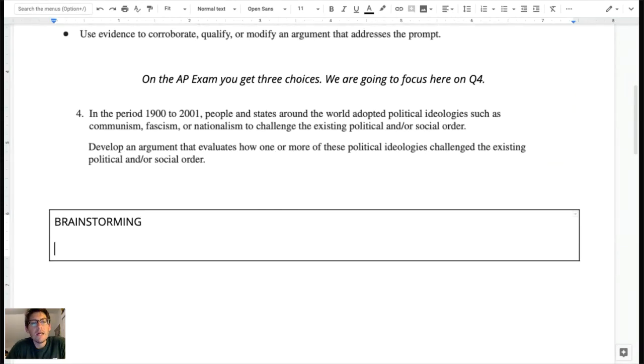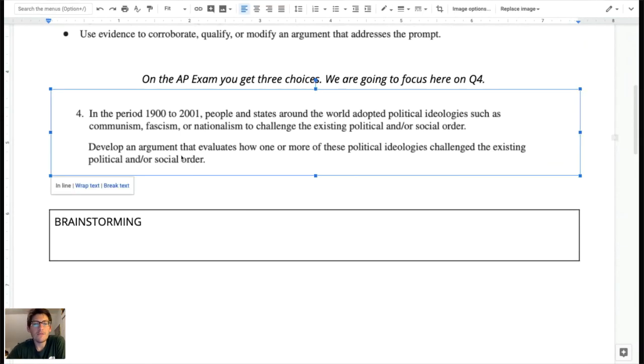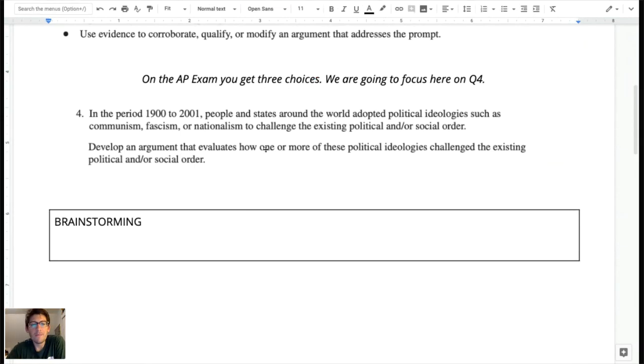Then we get to the directions for the prompt. Develop an argument that evaluates, there's that word evaluate, how one or more of these political ideologies challenged the existing political and or social order. I want to draw your attention to a couple of terms. First of all, we've talked about the word evaluate.